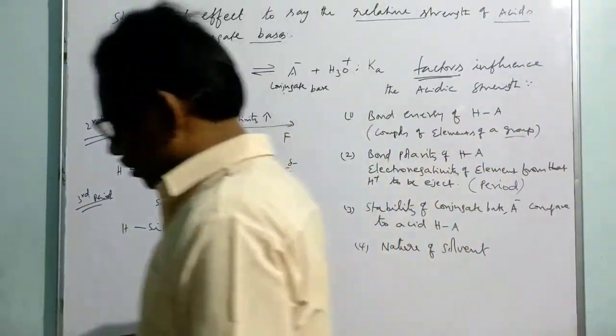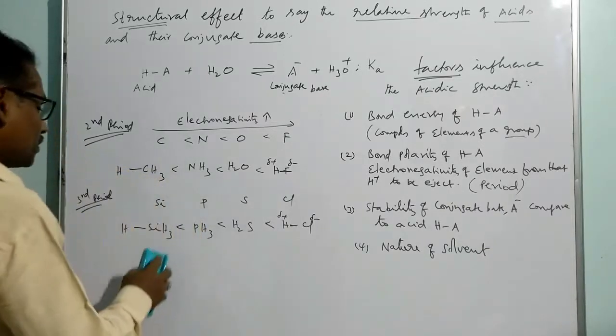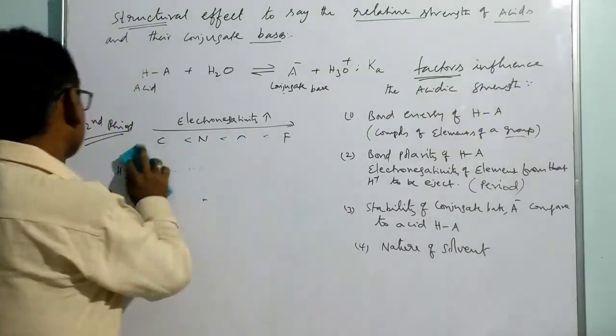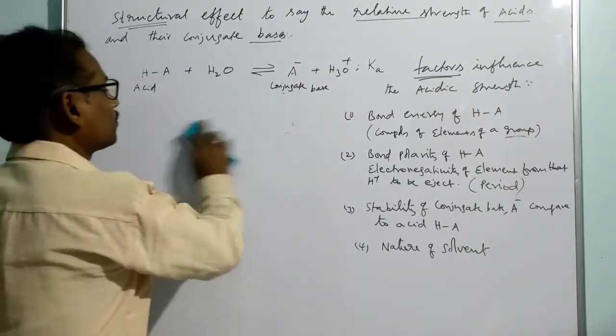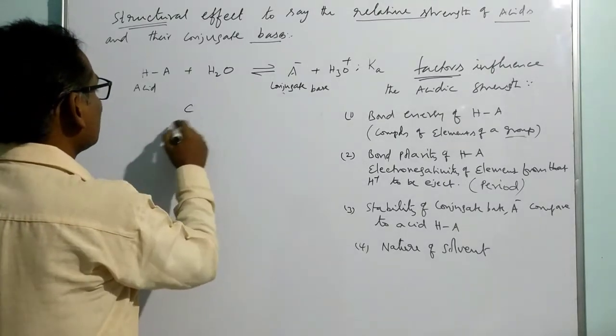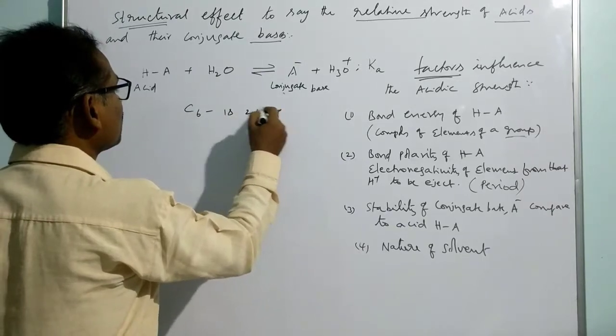Okay, now let me take some other examples. Sometimes the element may be the same. For example, if we take the element carbon, here we have 1s, 2s, 2p.